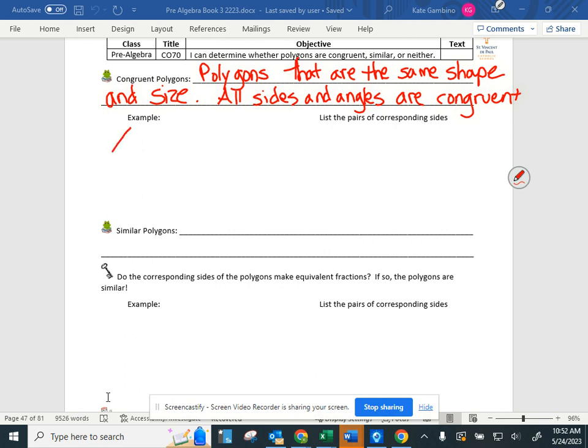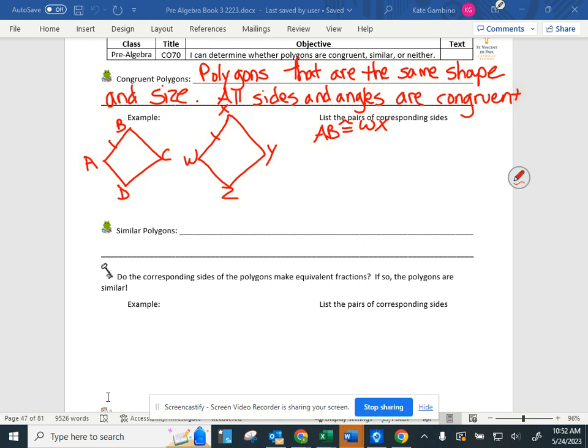So if we give ourselves a polygon that looks like this, and another polygon that looks like this, and we say this is A, B, C, D, we're going to call this W, X, Y, Z. I can list the corresponding sides. I can say side AB is congruent with WX.